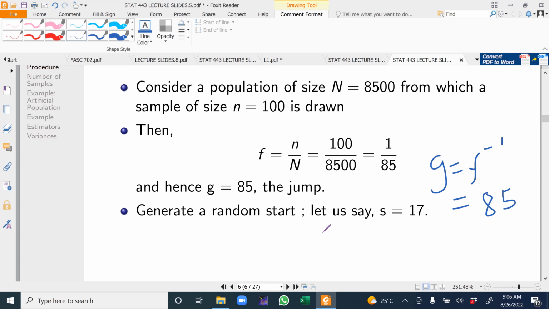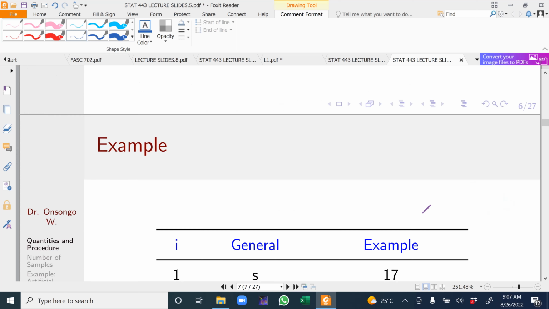So that is going to be your G. And then from there, once you identify a random start, you can proceed to pick a unit into your sample. So that is just how you can calculate the jump. For systematic sampling, it's important to know how to calculate the jump that will be required for you to identify the next unit in your sample.